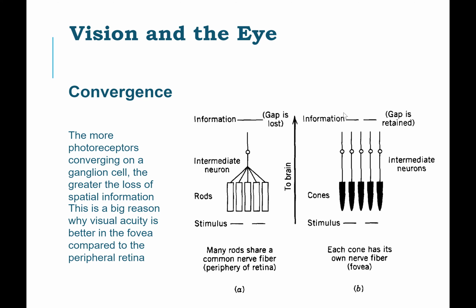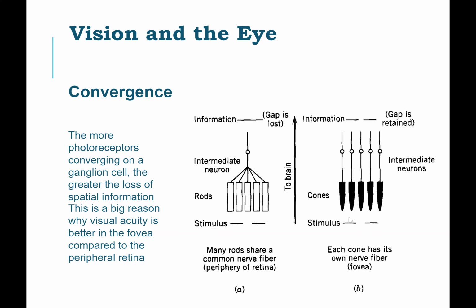So what would that mean for the response of a ganglion cell that is connected to cones? Well, they would have a very different response to a visual input. Imagine this is your visual input versus this visual input. If you move this a little bit, the response of a ganglion cell connected to rods would not be different, like the way I described the pattern of light, because you're averaging out a lot of response.